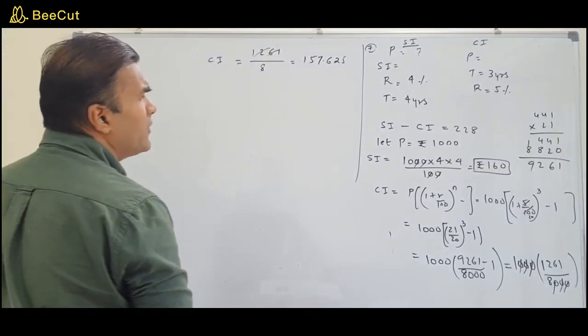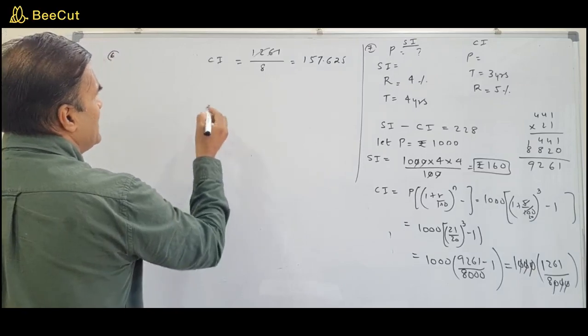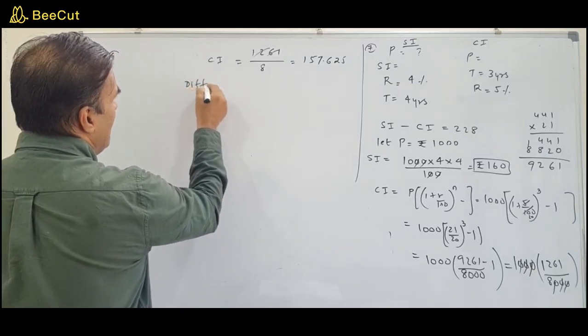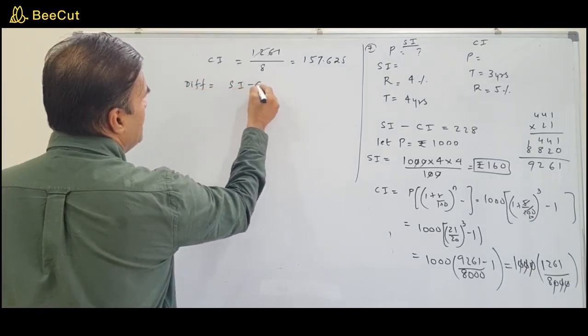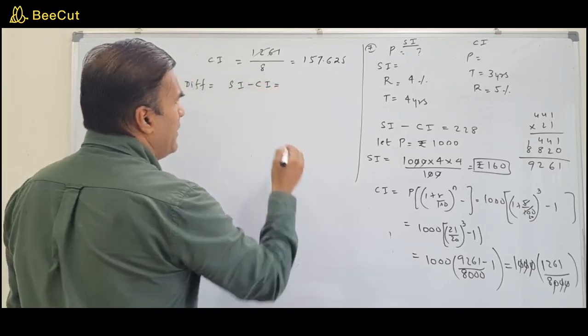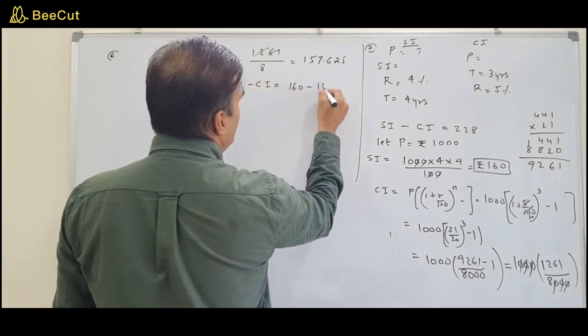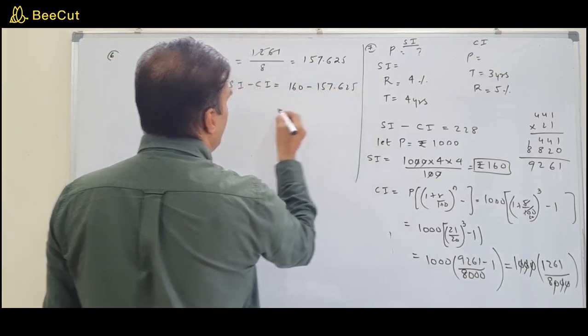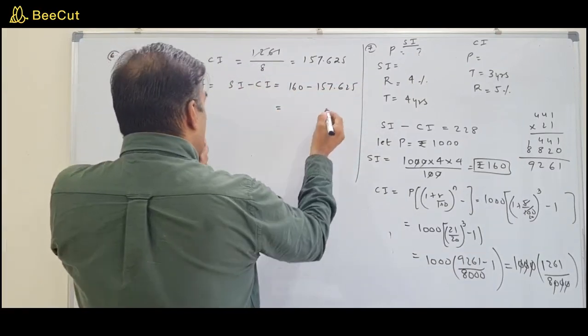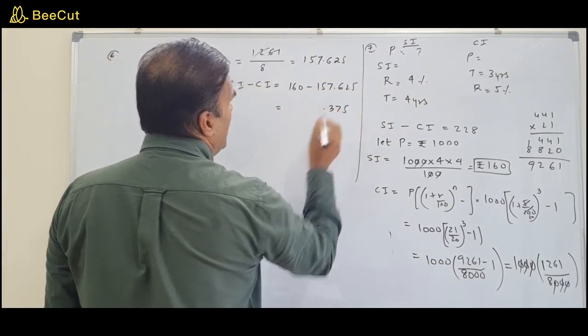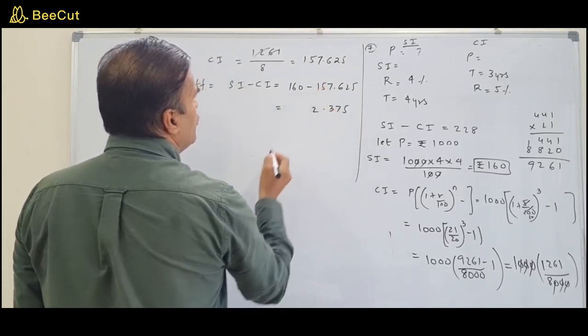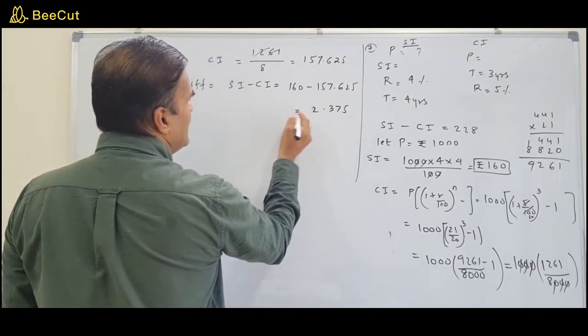That is compound interest. That means, what is the difference? So difference is simple interest minus compound interest. Simple interest is 160, compound interest is 157.625. How much will it come up to? 2.375. This is the difference.